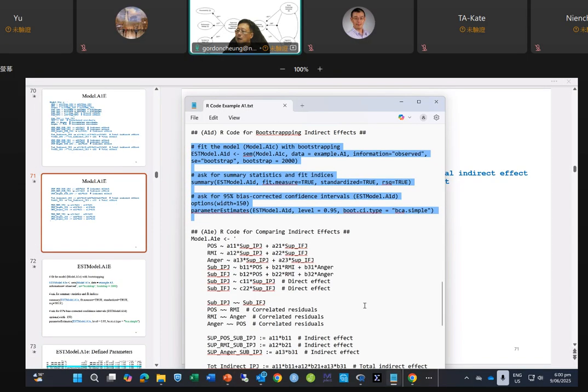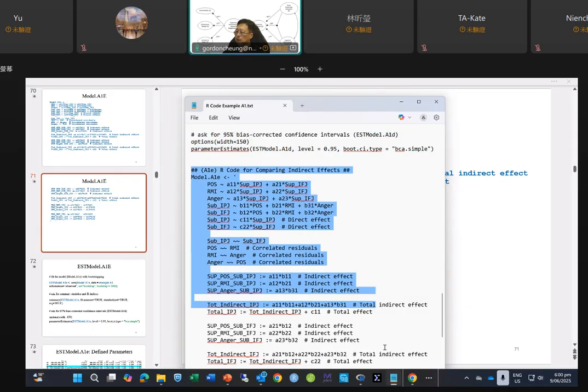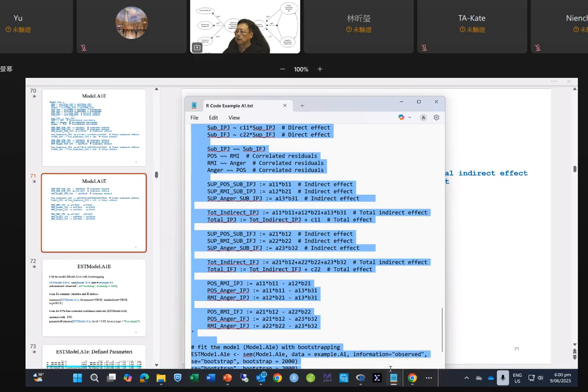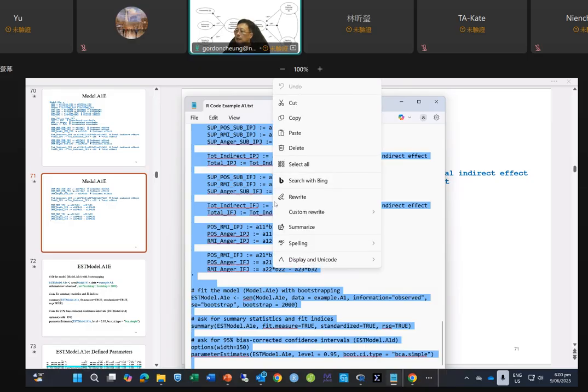I have that in the file, our code example A1. So I copy and paste all this. And then we also need to do the bootstrapping because it involves indirect effect.